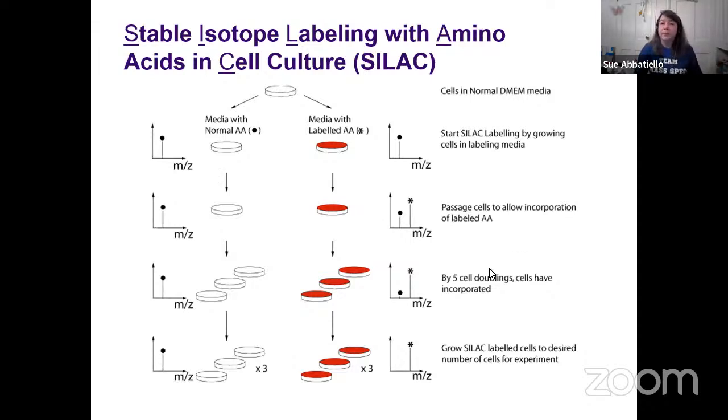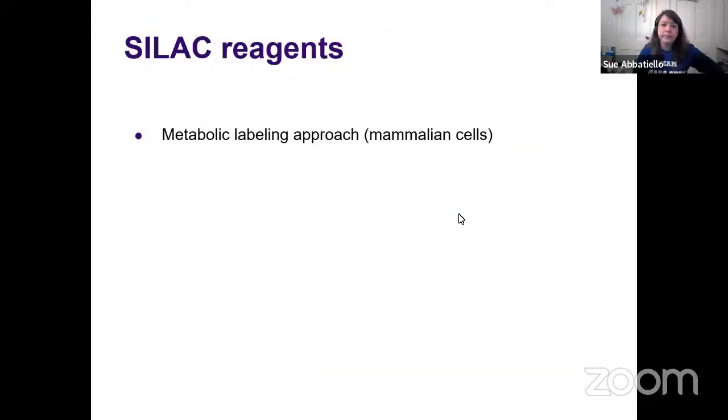And what you see from a mass spectral standpoint is doublets. There will be the light peptide and the heavy peptide that's a certain mass to charge away, and you can quantify relative changes in these peak areas based on experimental parameters.